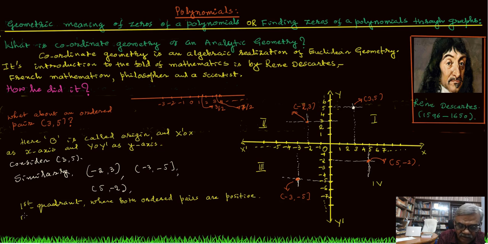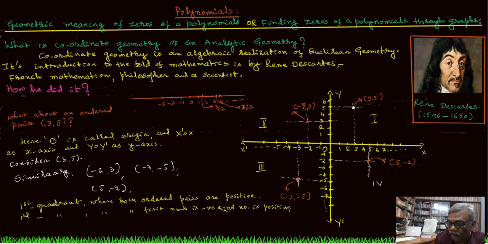In the second quadrant, the first number is negative and the second number is positive.